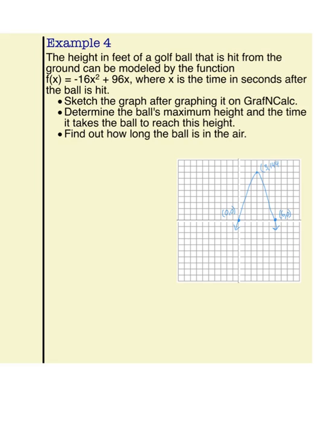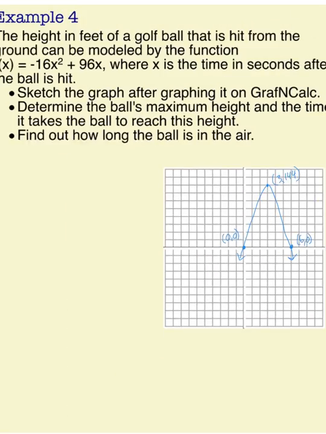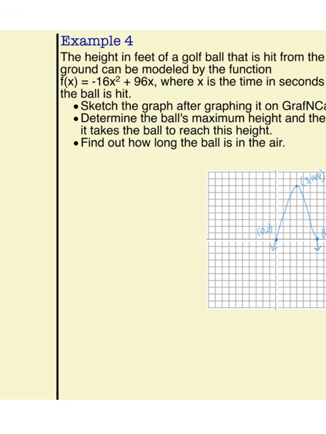All right, so to determine the ball's maximum height, that would be the y value of our max. So the maximum height is 144 feet. And then it says, find out how long the ball is in the air.